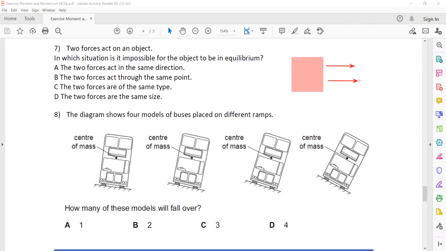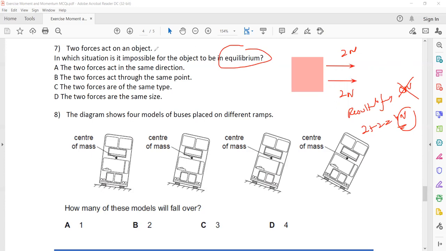If two Newton forces are acting towards the right, when I find the resultant, it will be 2 plus 2, which equals 4 Newton. So this result can never be zero. So if the result can never be zero, the object can never be in equilibrium. That is why A is the right answer.